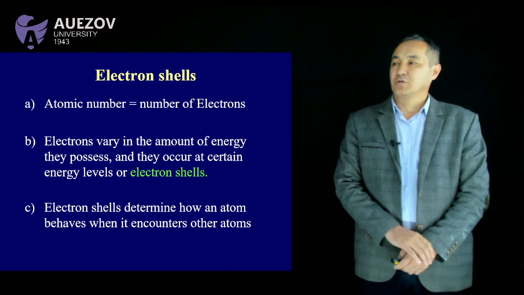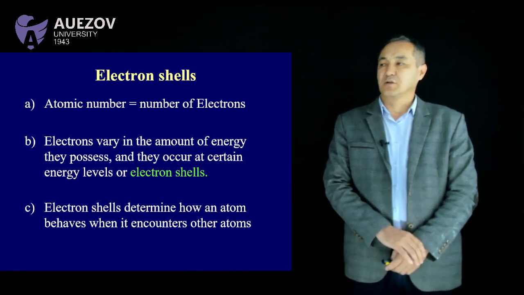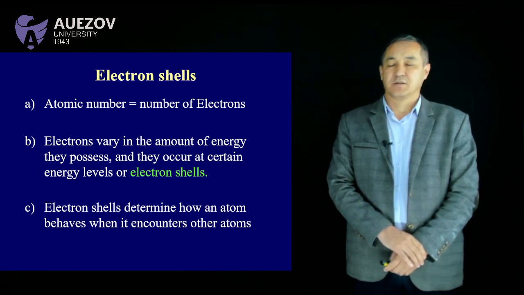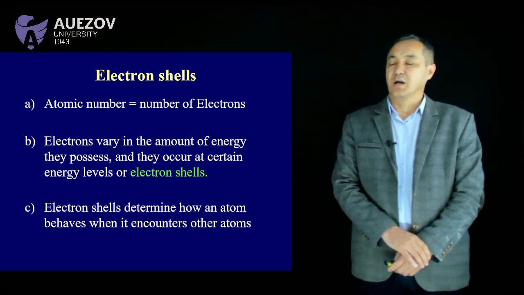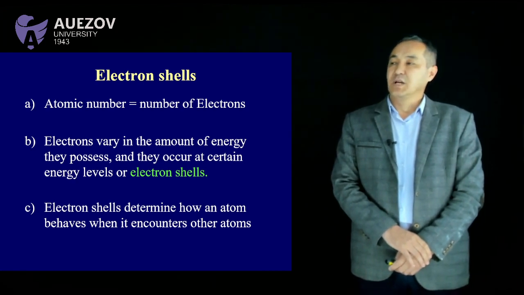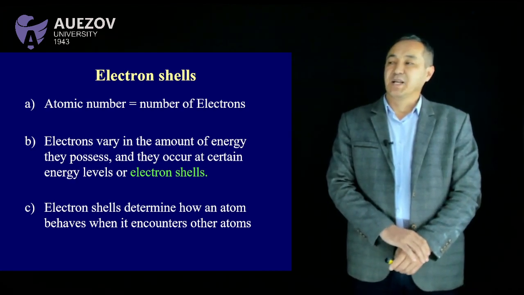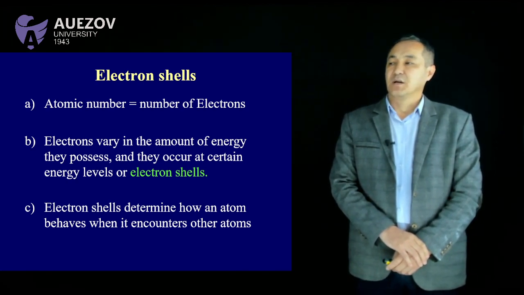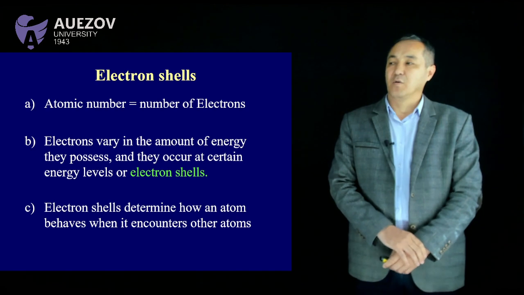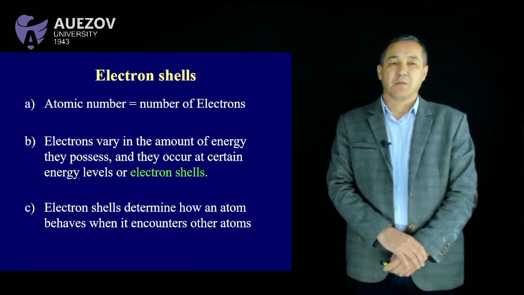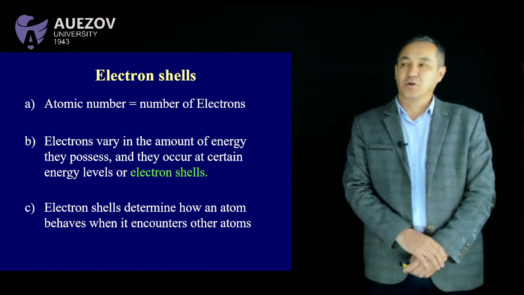Then, about electron shells. In electron shells are located the chemical electrons. Their placement depends on the following principles: A, the atomic number equals the number of electrons.